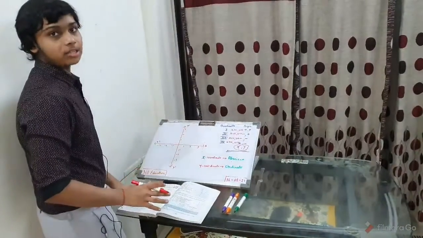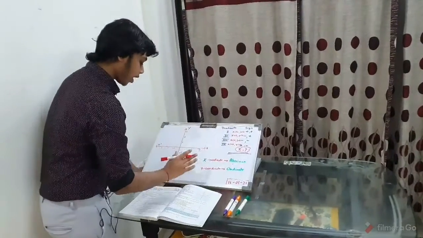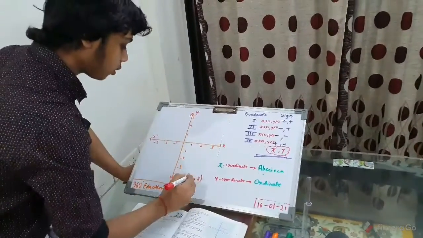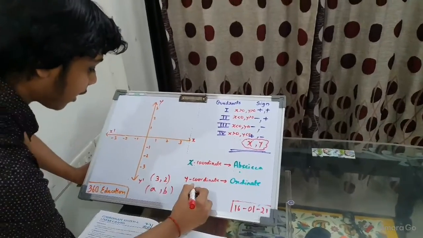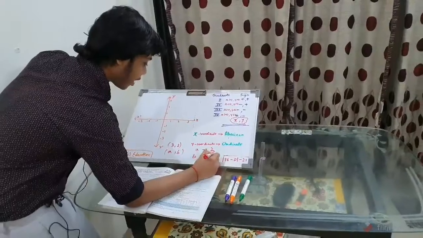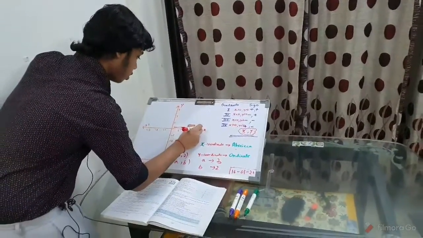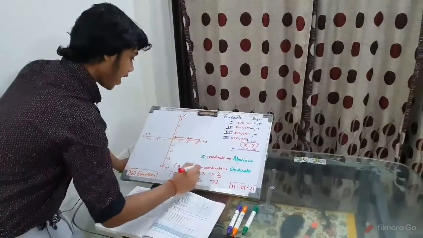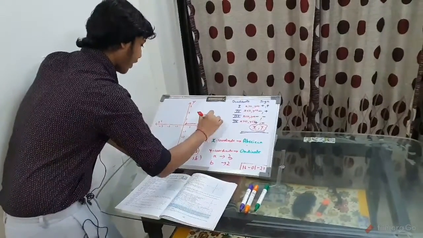So now let us understand what is abscissa and ordinate. Like if we have a point 3, 2, we can say a, b. So we take a as 3 and b as 2. As we all know, 3 will be on the x-axis, and b will be on the y-axis.